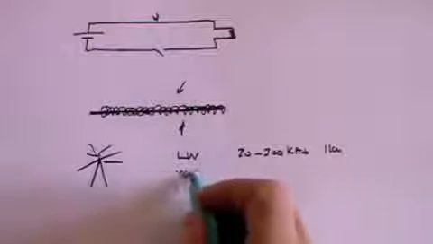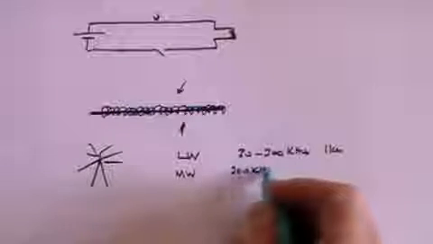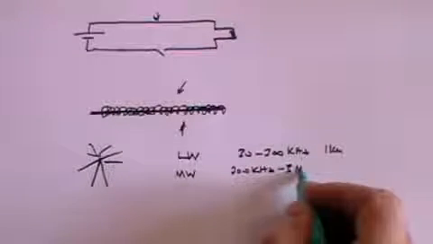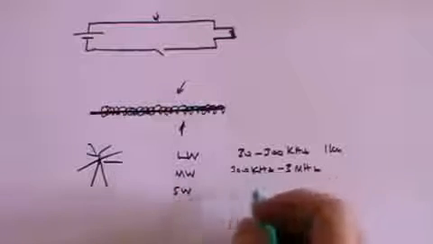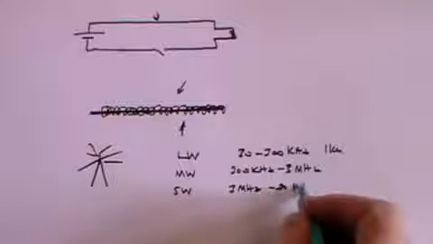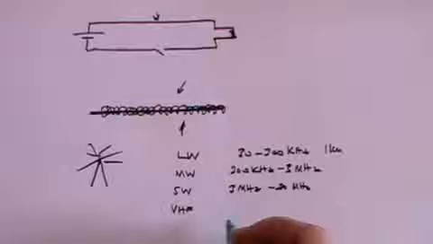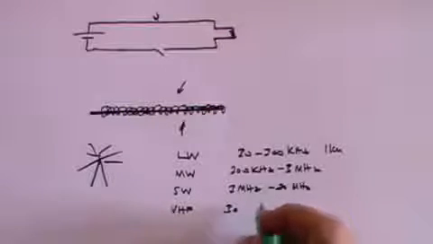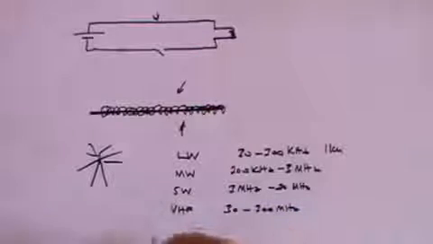Medium wave is usually 300 kilohertz to about 3 megahertz. Short wave is about 3 megahertz to 30 megahertz. VHF, which is what we use for most of our radio transmissions, is 30 to 300 megahertz.